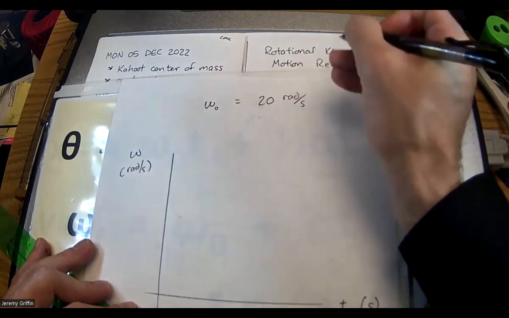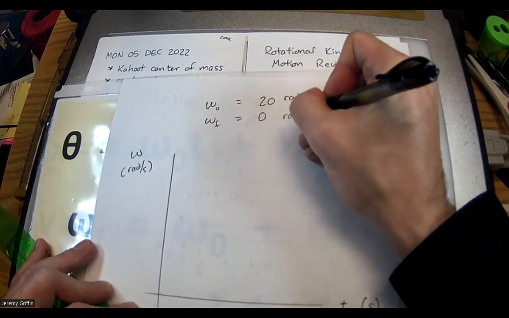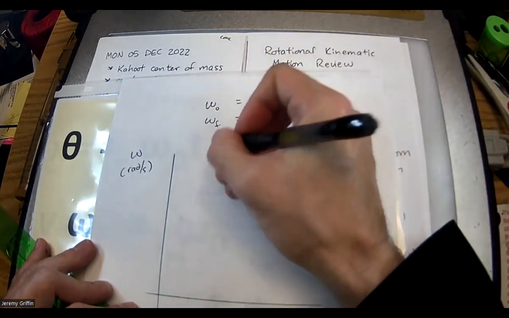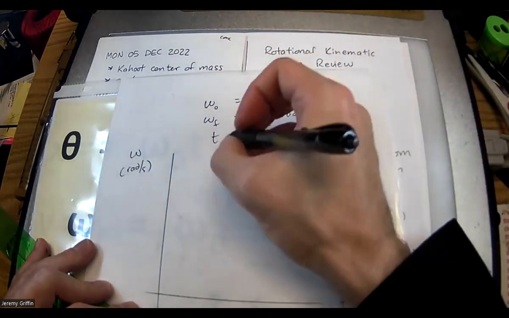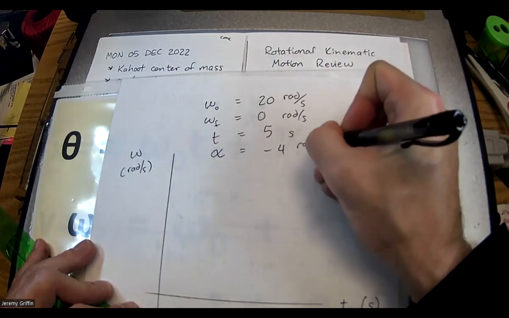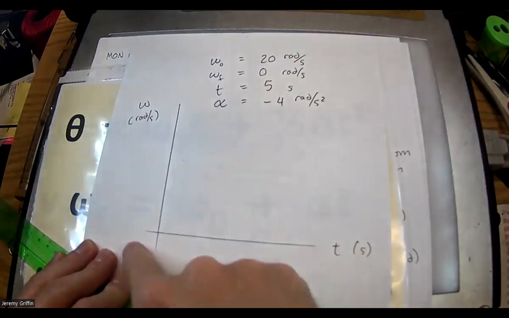That's how fast it was spinning to start with. Omega final is 0 radians per second. The time interval was 5 seconds, and that all worked out to be consistent with alpha is -4 radians per second squared. Okay. So can you take this information and plot it onto these axes?